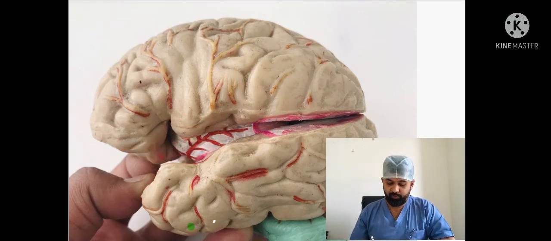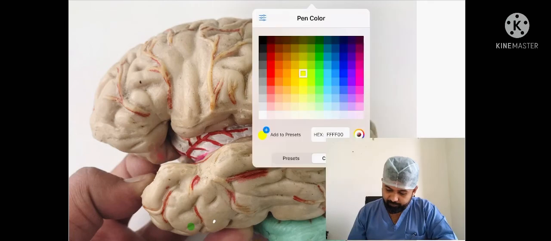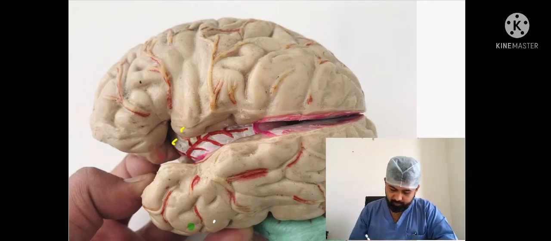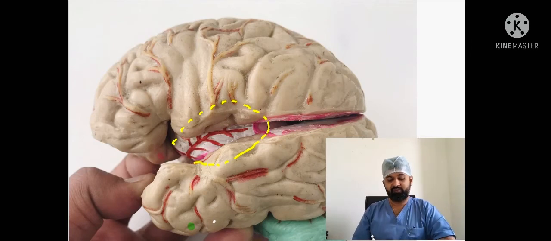The insular lobe is separated from the rest of the cerebrum by a sulcus which is known as the circular sulcus. This is the circular sulcus which separates the insula from the rest of the lobes.